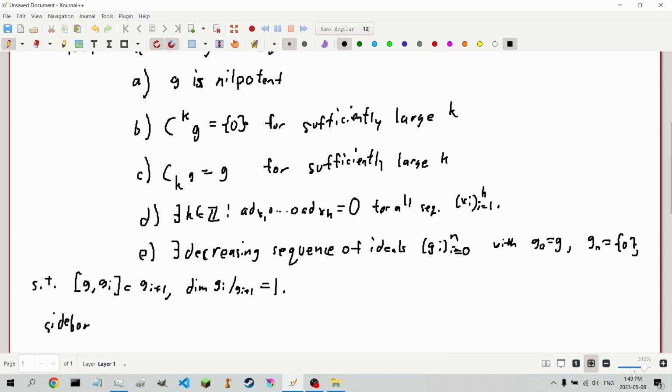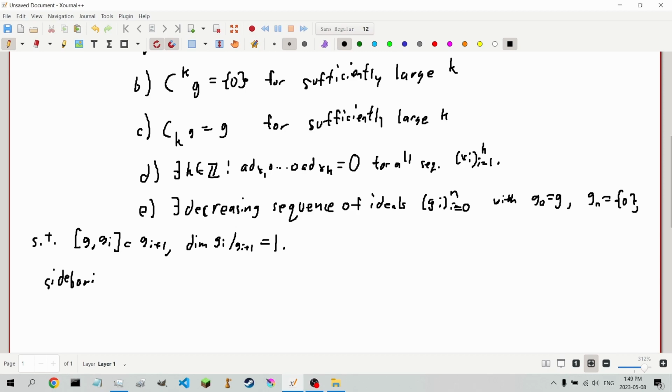Quick sidebar here on the lower and upper central series.